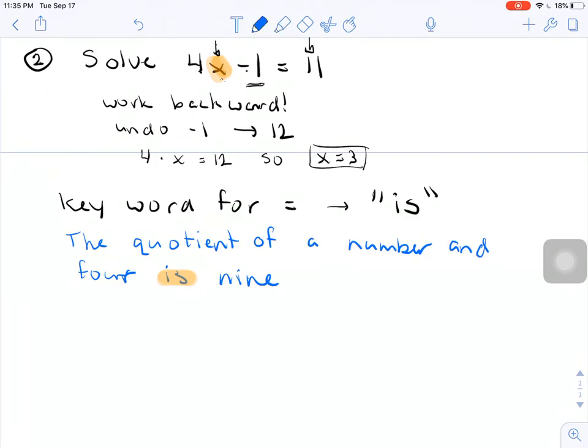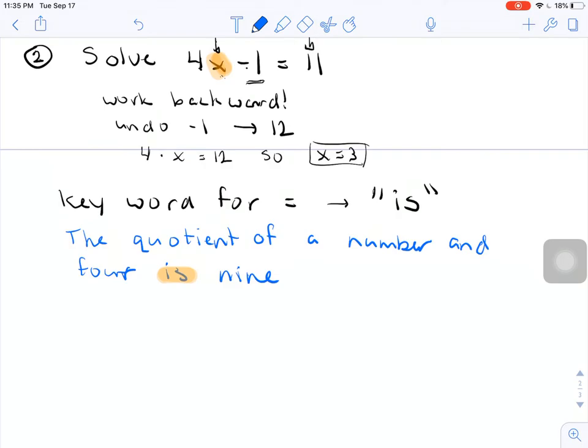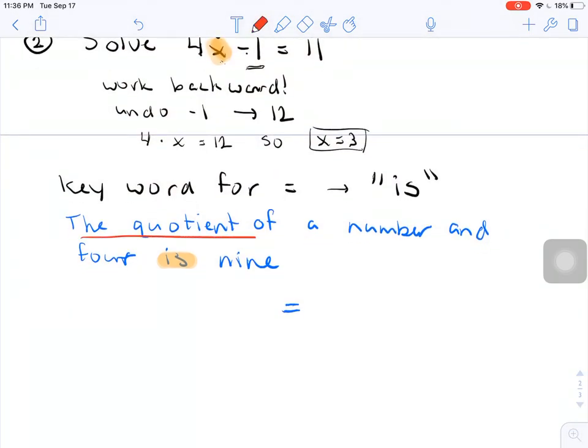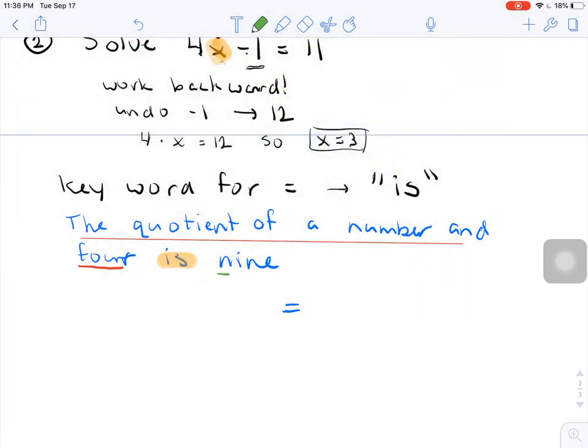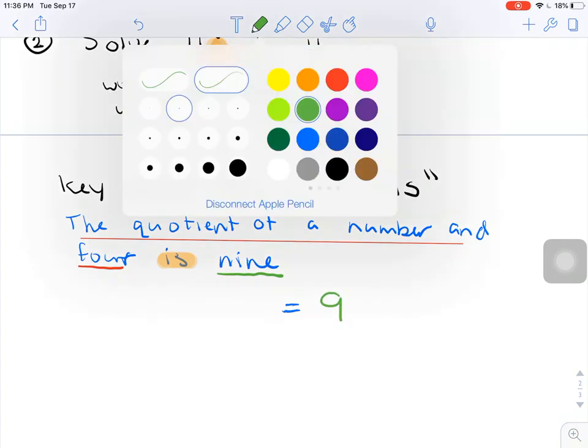So that tells you automatically there is going to be an equal sign in this, which means it's an equation. That equal sign also splits the statement into 2 halves. This is going to be one side of the equation, and this is going to be the other side of the equation. Since we know that it is 9, that means that whatever we do is going to equal 9. So we'll have a 9 on that side of our equation.